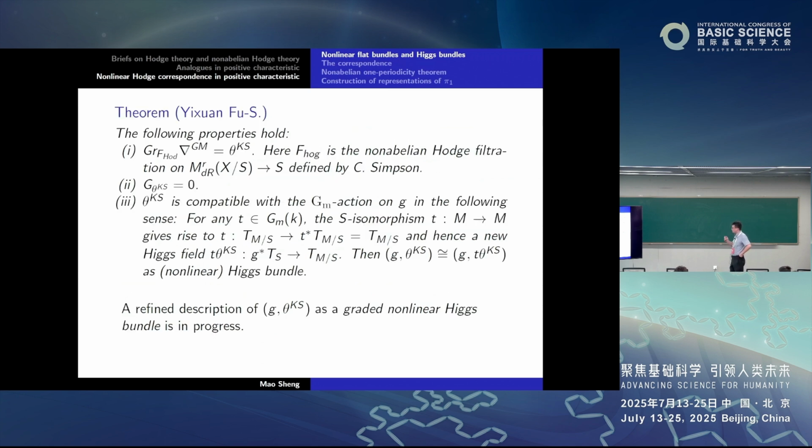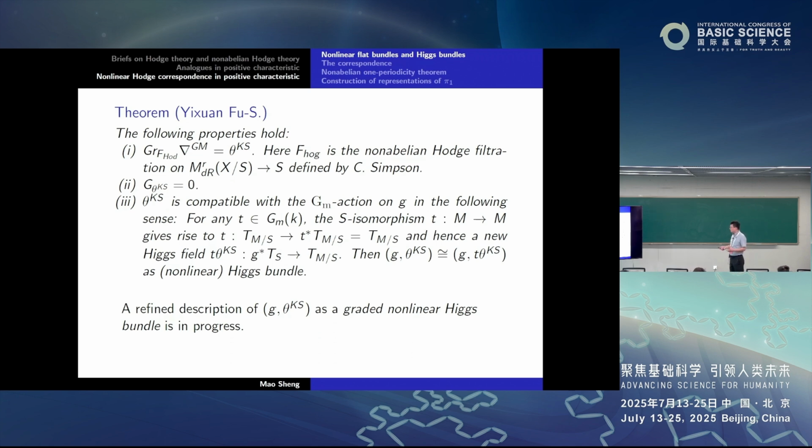A recent result by my student Fu Yishan and myself is the following, about this non-abelian Higgs field. First, we show that taking the grading of the non-abelian Gauss-Manin connection with respect to the non-abelian Hodge filtration, you get this non-abelian Kodaira-Spencer map. And the p-curvature of this Kodaira-Spencer map is 0.